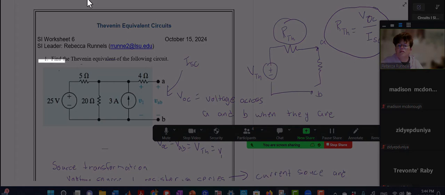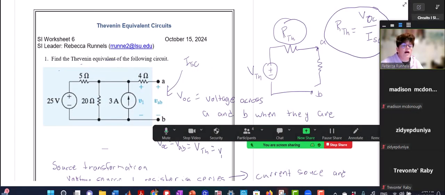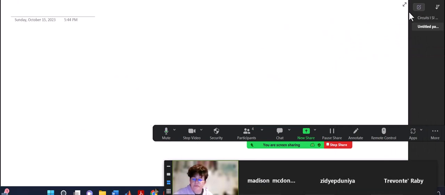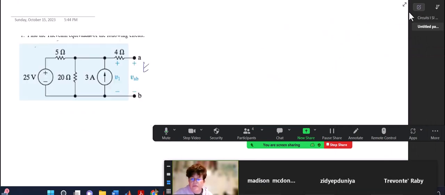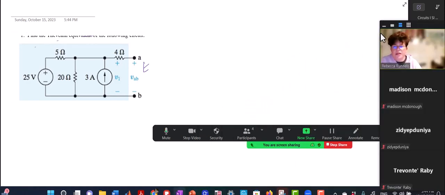and this way that I'm about to do only works if you don't have any dependent voltage sources. If you have dependent voltage sources, it doesn't work. Or dependent sources of any type.